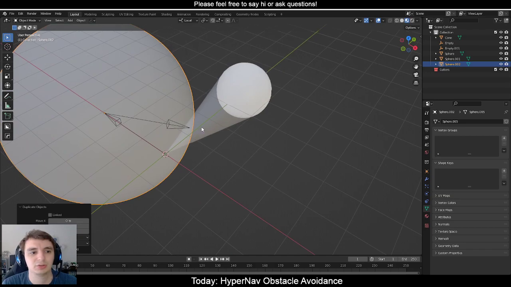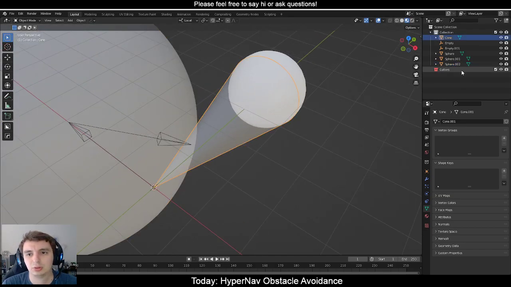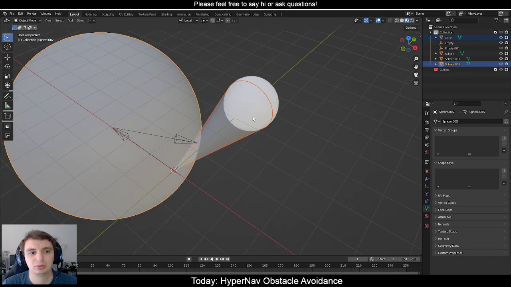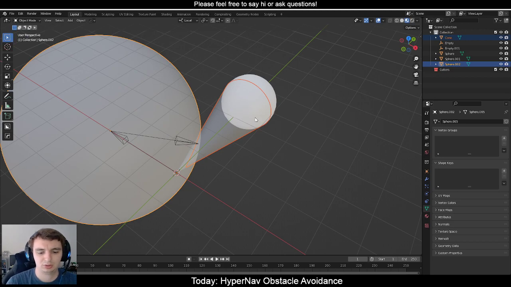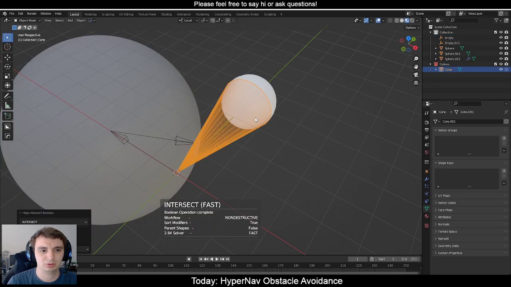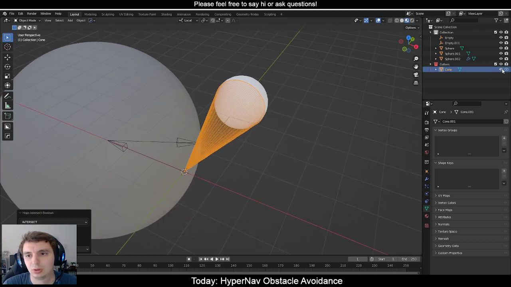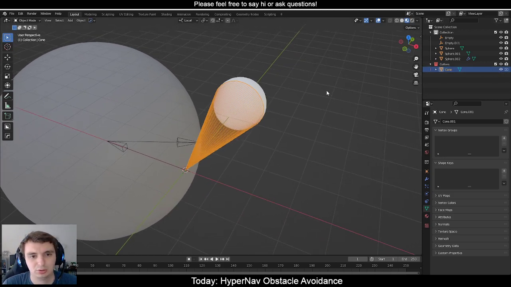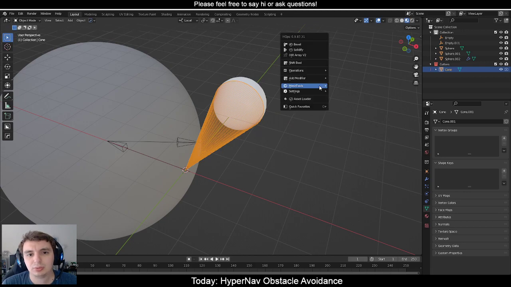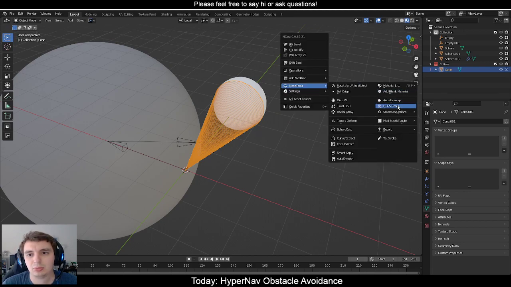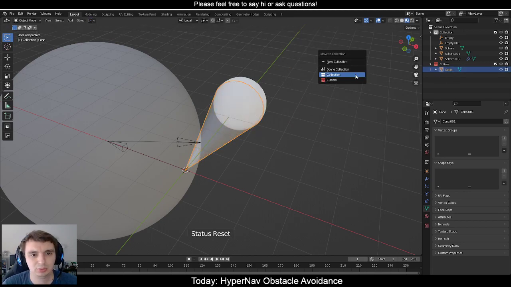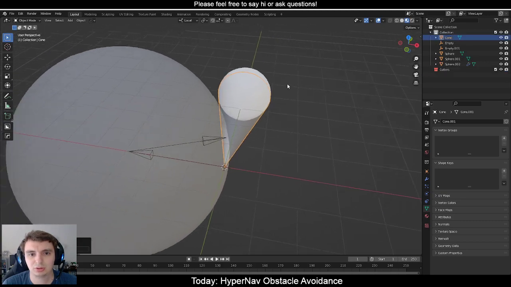Now I'll duplicate the sphere, select those, control times, oops, reset, and move to collection.